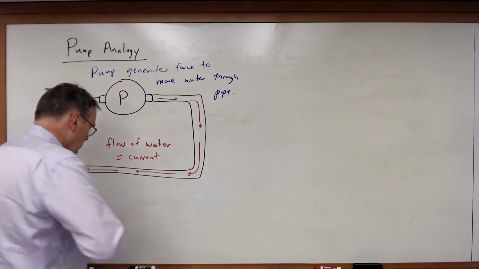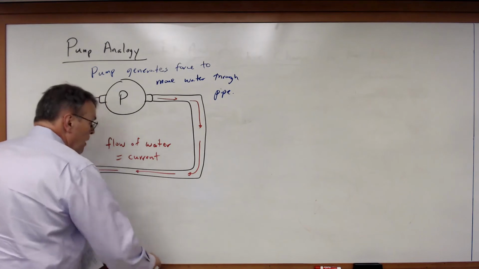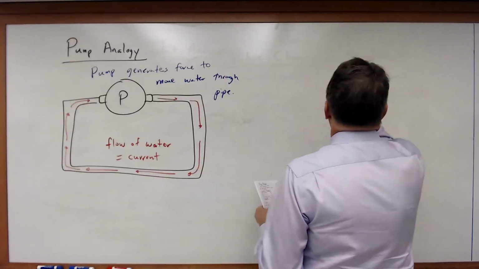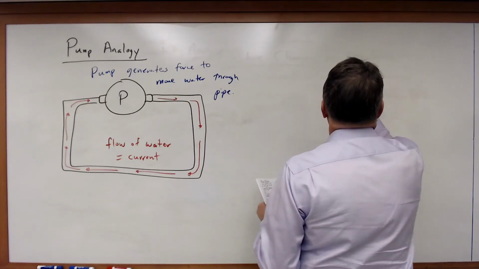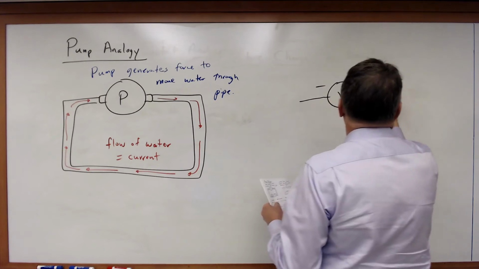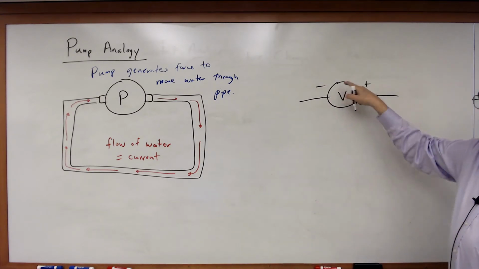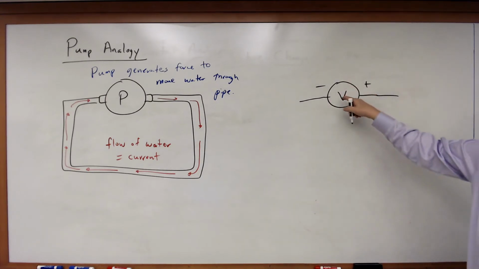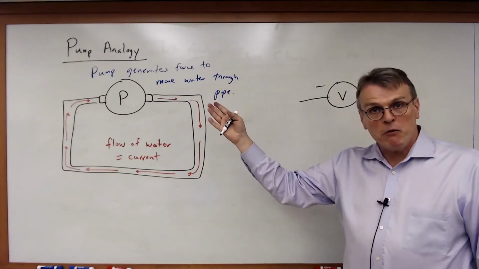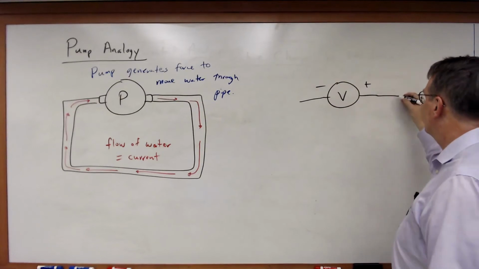Well, along those same lines, we can think of voltage and current the same way. Here we have a voltage source, and that voltage source is going to provide the force, the electromotive force, to push current through a conductor.